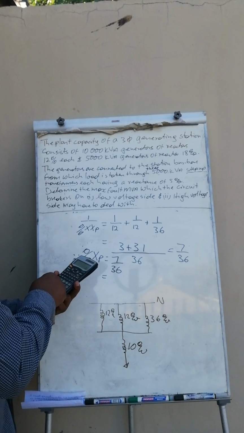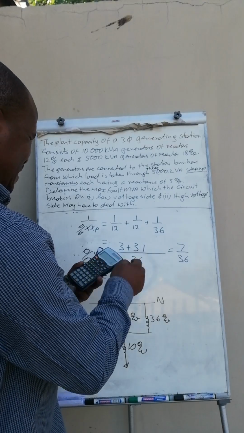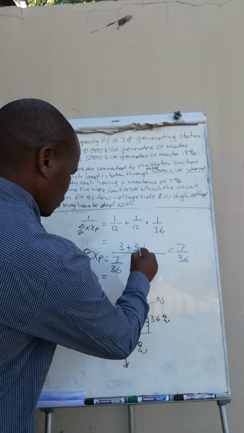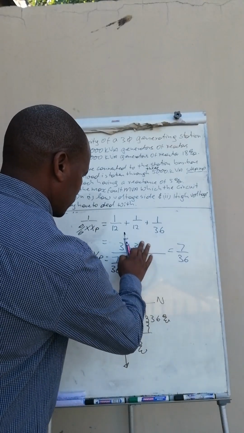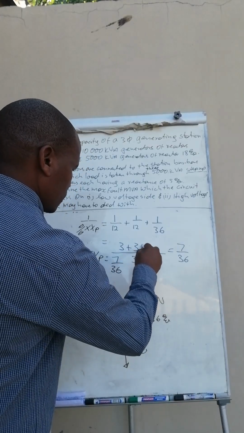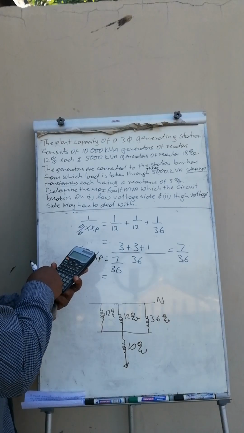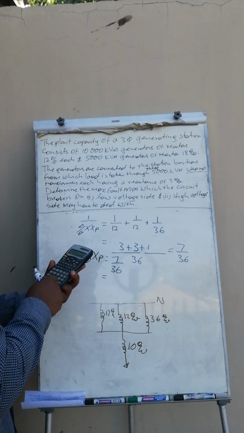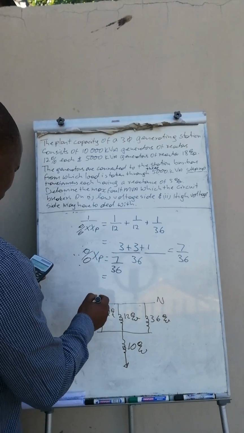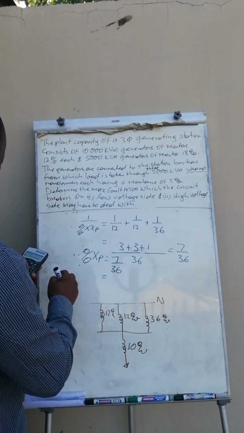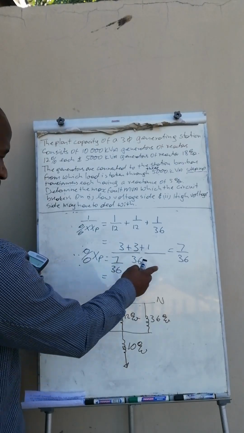What's going on here? Oh, it should be 7 here. Sorry, it should be plus 1. It should be 7 divided by 36, 0 comma. Is that okay? No, it can't be that.